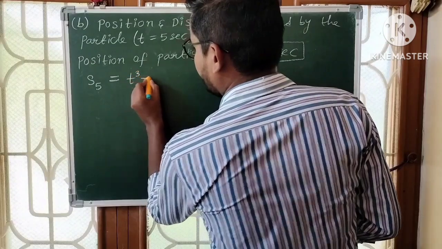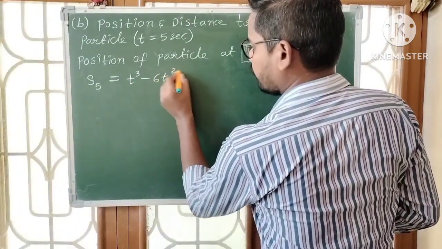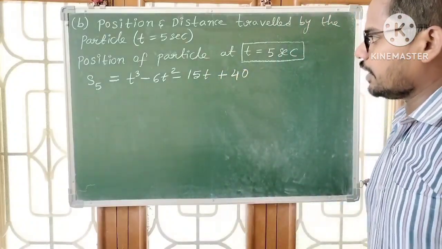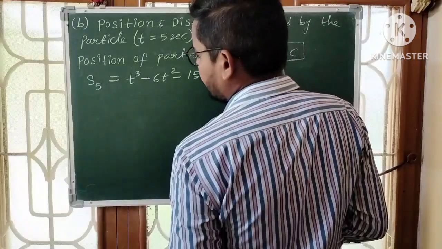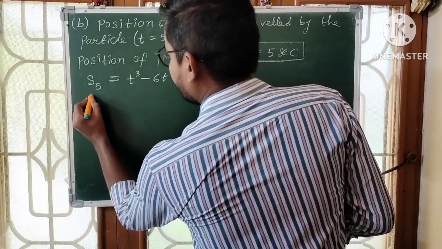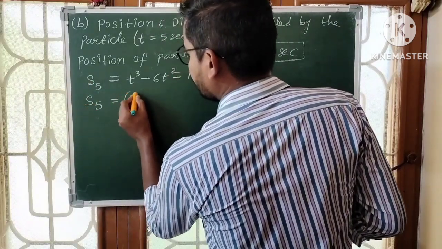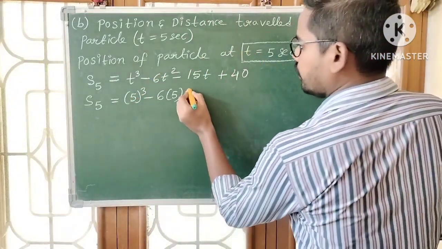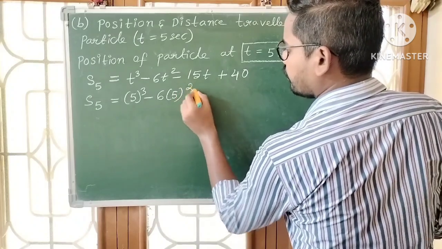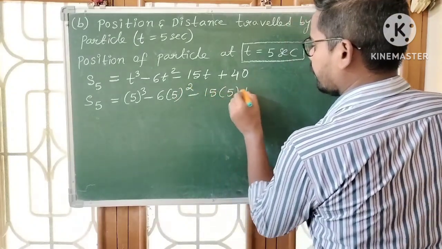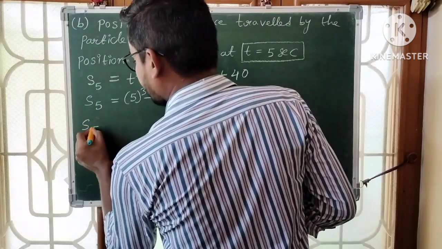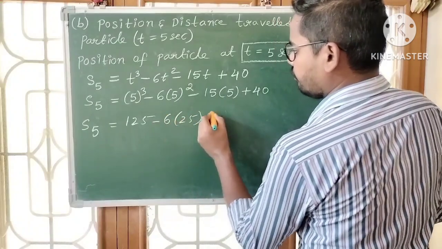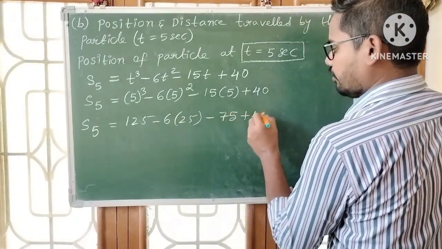T cube minus 6t square minus 15t plus 40. This is the given expression for displacement, position. So S5 is equal to, put t is equal to 5: 5 cube minus 6 into 5 square minus 15 into 5 plus 40. Let us simplify that. S5 is equal to 5 cube means 125, minus 6 into 5 square, 25, 15 fives are 75, plus 40.